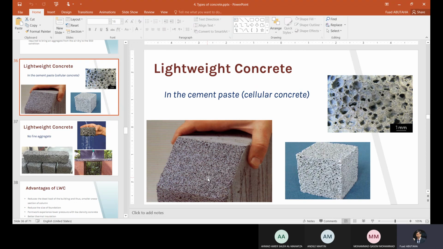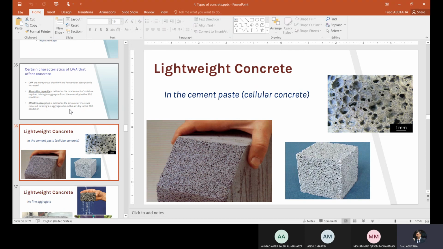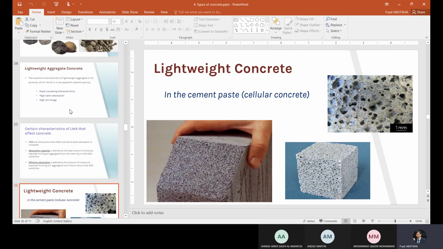So simply, the more voids inside the mixture, the lighter the concrete, but at the same time the lower the strength.